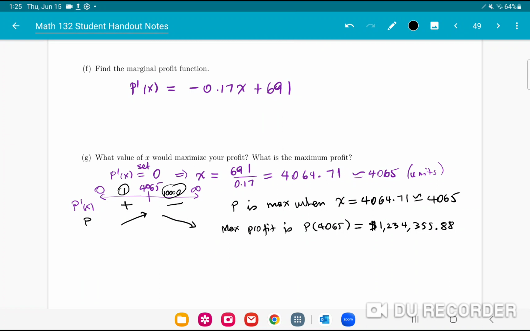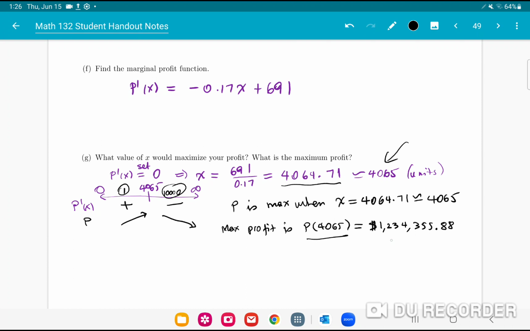I get that derivative, and they want us to find the maximum profit. So I set the derivative to 0. I got this number, rounded it to a whole number, and did the first derivative analysis once again by taking test points, and it gave me that this value gives the maximum profit.